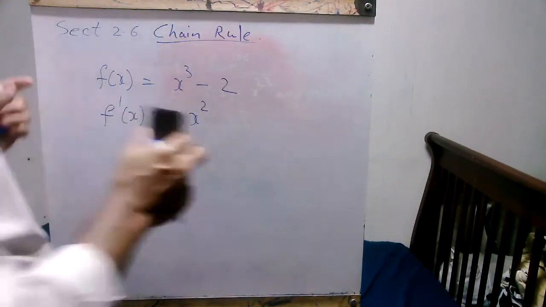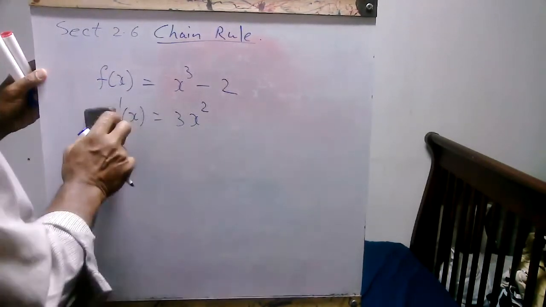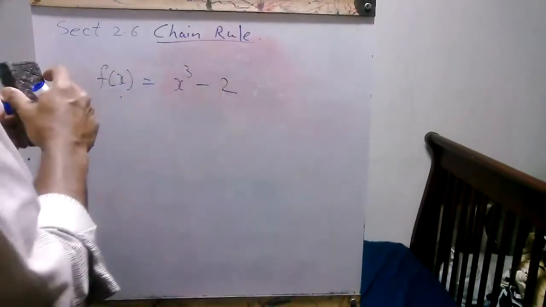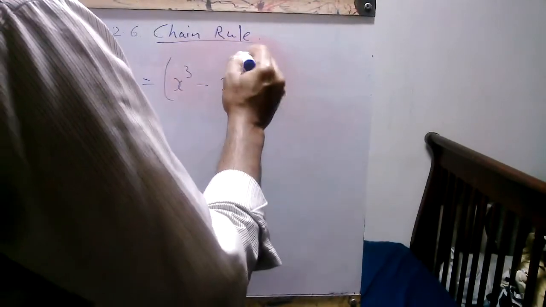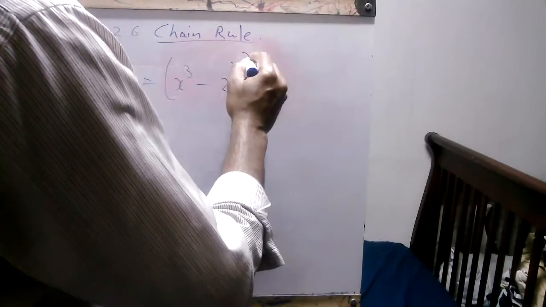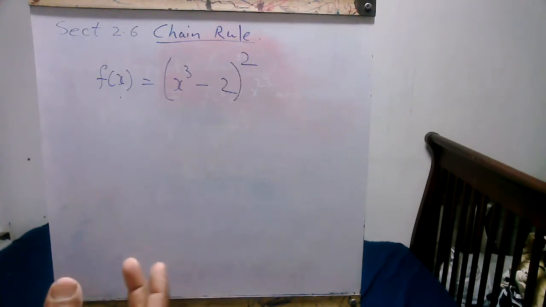Now this is the issue. I'm going to erase this. What if we have this to the power of any power, say 2? Can we differentiate this? What we know so far is the power rule, product rule, and quotient rule.